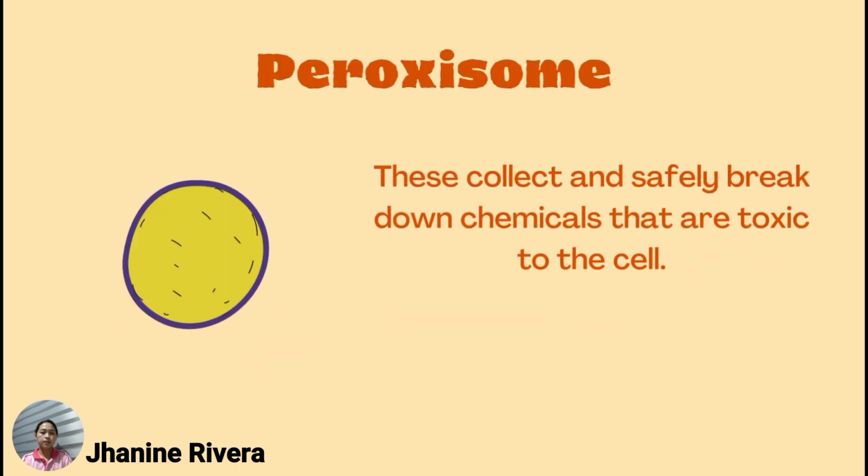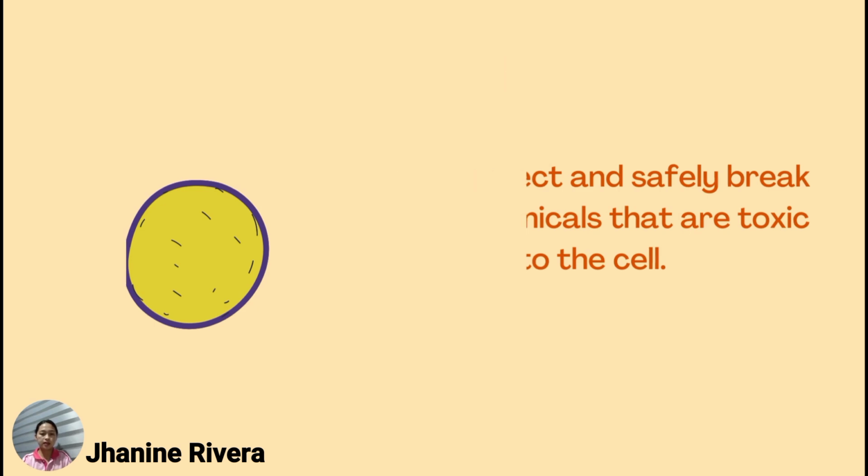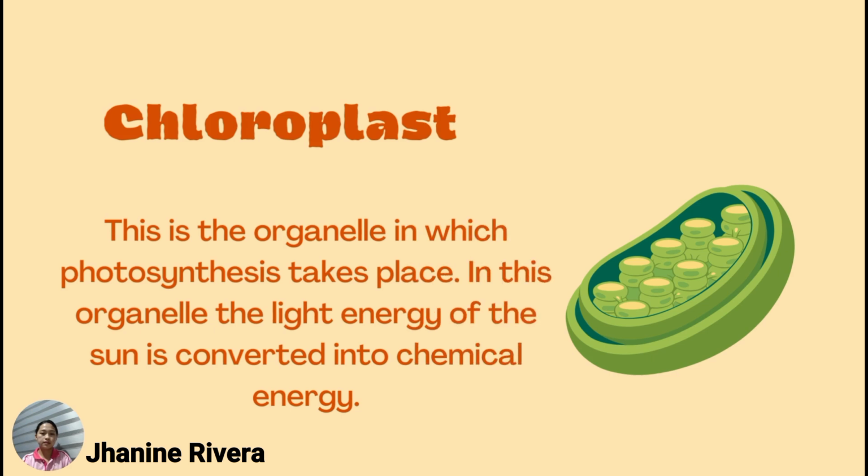Peroxisome. These collect and safely break down chemicals that are toxic to the cell. Chloroplast. This is the organelle in which photosynthesis takes place. In this organelle, the light energy of the sun is converted into chemical energy.